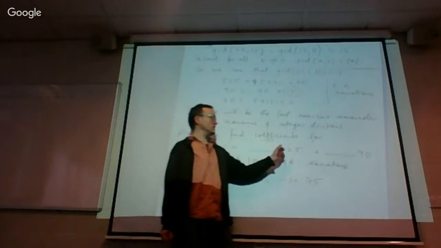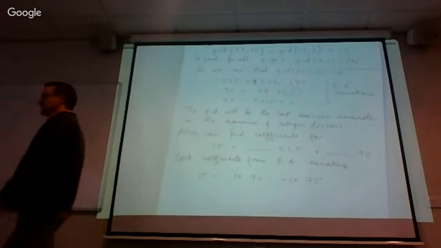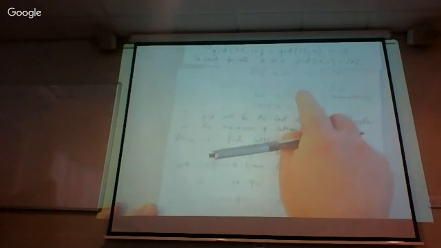But I want it as a linear combination of the original pair. Then if you look at the next equation up, the next equation tells you how to replace 75 as a linear combination of 525 and 90. So instead of 75, I take the linear combination I get from the next equation up, which would be 525 minus 5 times 90.